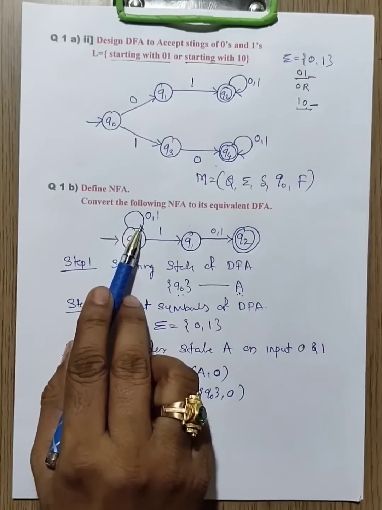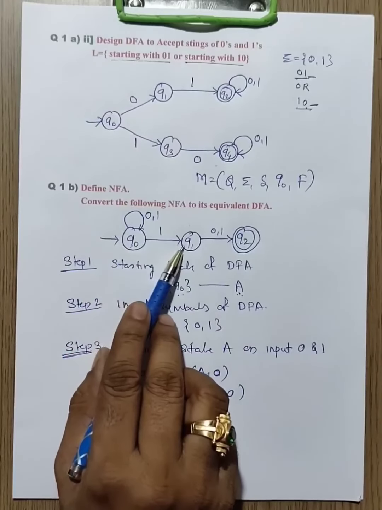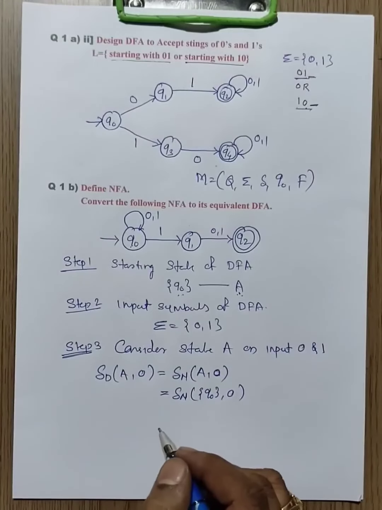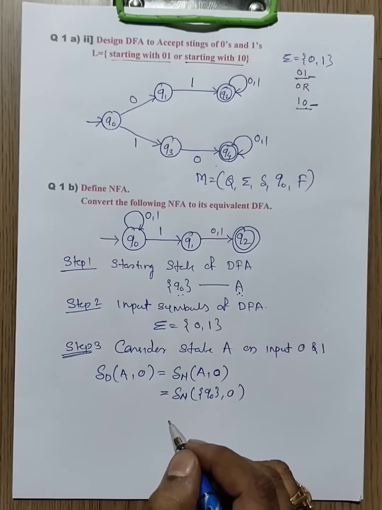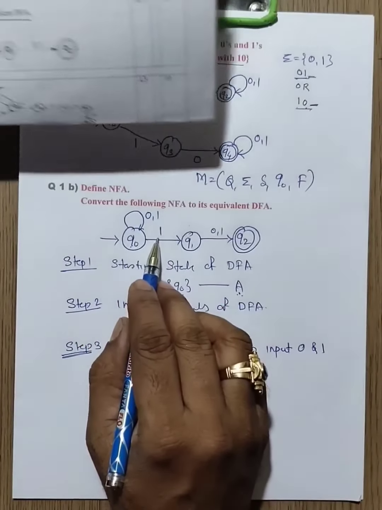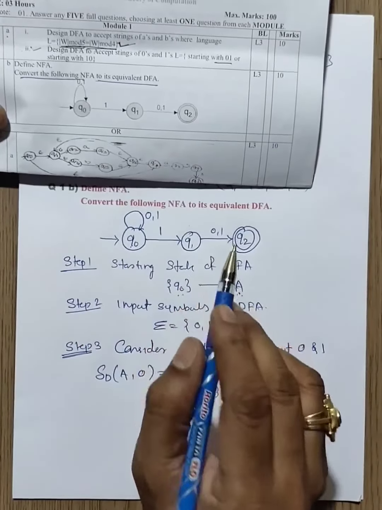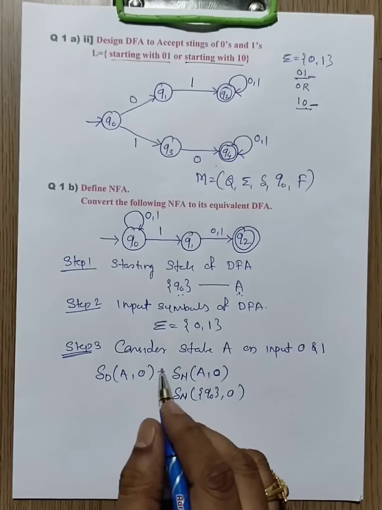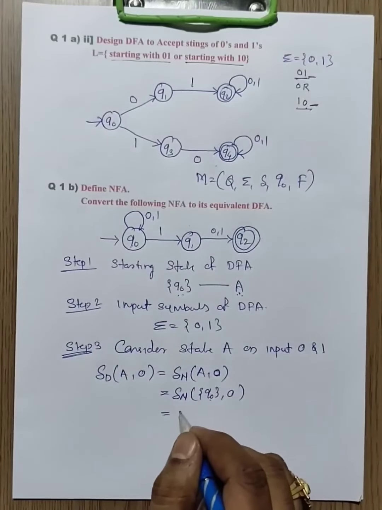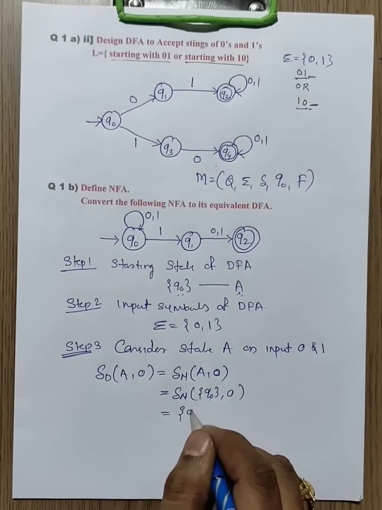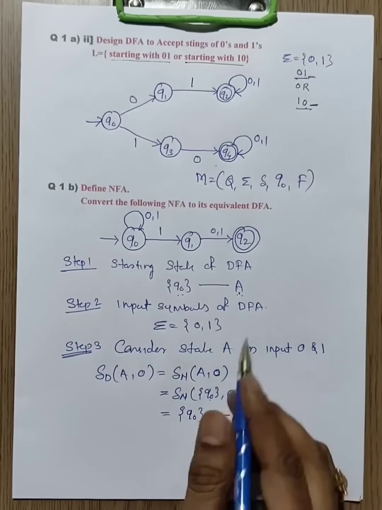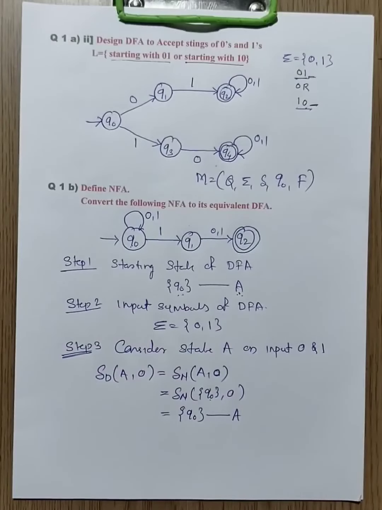Q0 on 0 is only Q0. Given input symbols 0, 1, and this is 1, 0, 1. Q0 on 0 is Q0 itself. Thus this is Q0, the same state. For Q0 we assign A.